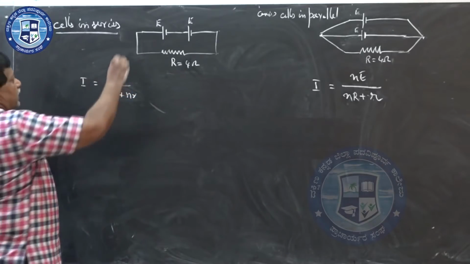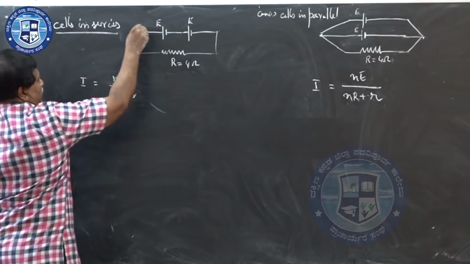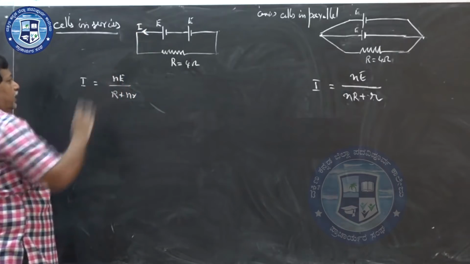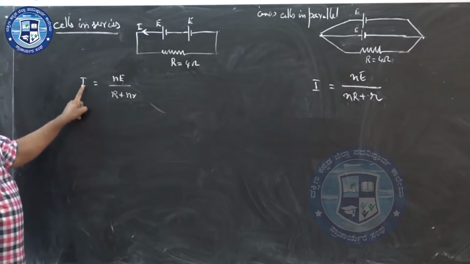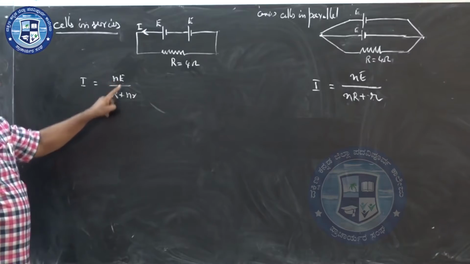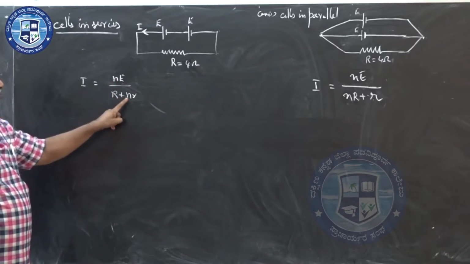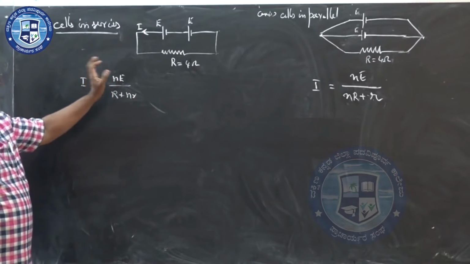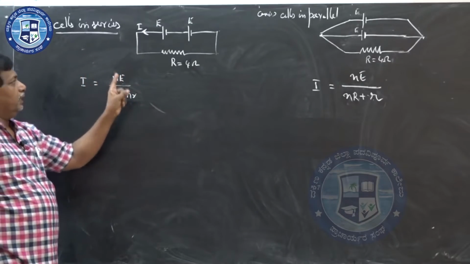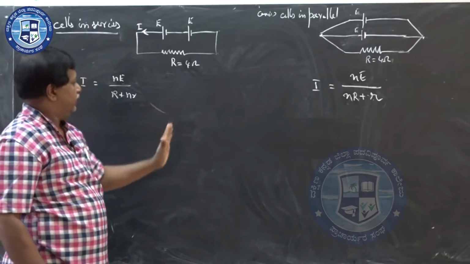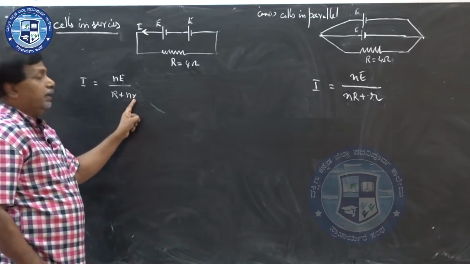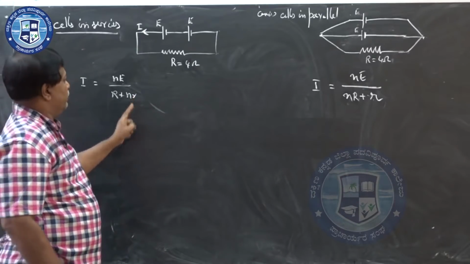Here the current in the circuit can be directly calculated using the formula I equal to NE divided by R plus NR, where N is the number of cells, E is the EMF of the identical cells and r is the internal resistance.